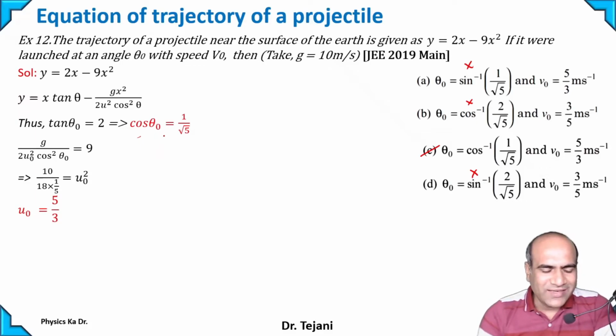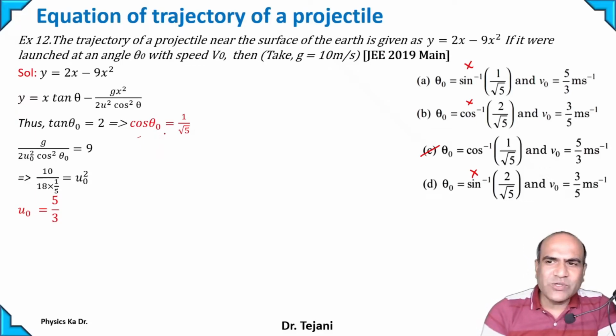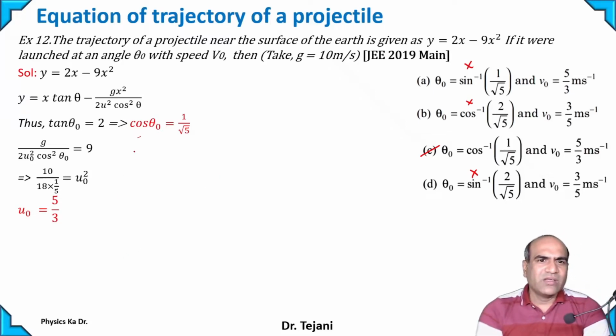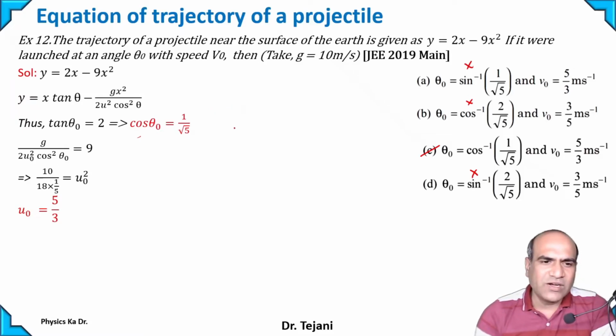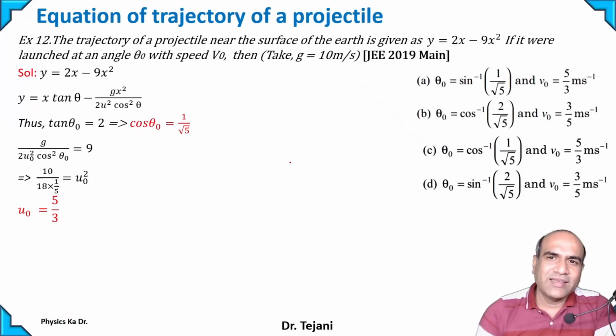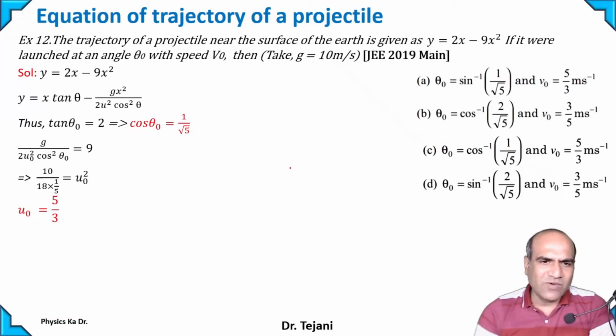U0 is not given here, but don't worry, u0 is equal to 5 by 3. So you already got the answer 5 by 3 halfway. The question may look very difficult, but you will get this kind of answer halfway. Wow.